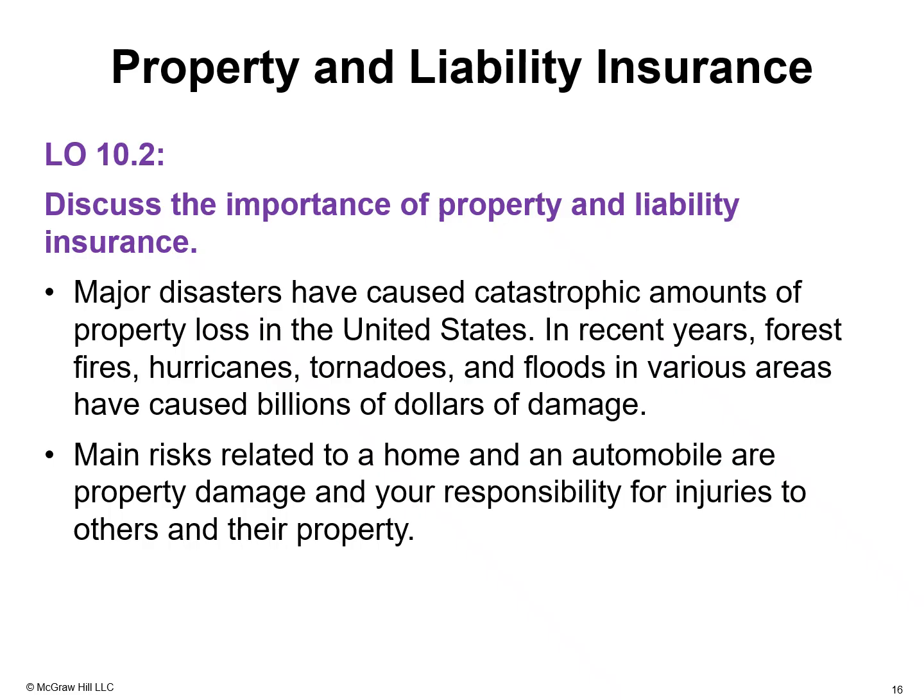So that means they've lost everything. They've lost the structure, they've lost all the furnishings, clothes, shoes. You cannot understand how catastrophic that really is. Most insurance policies have something for covering catastrophic losses.